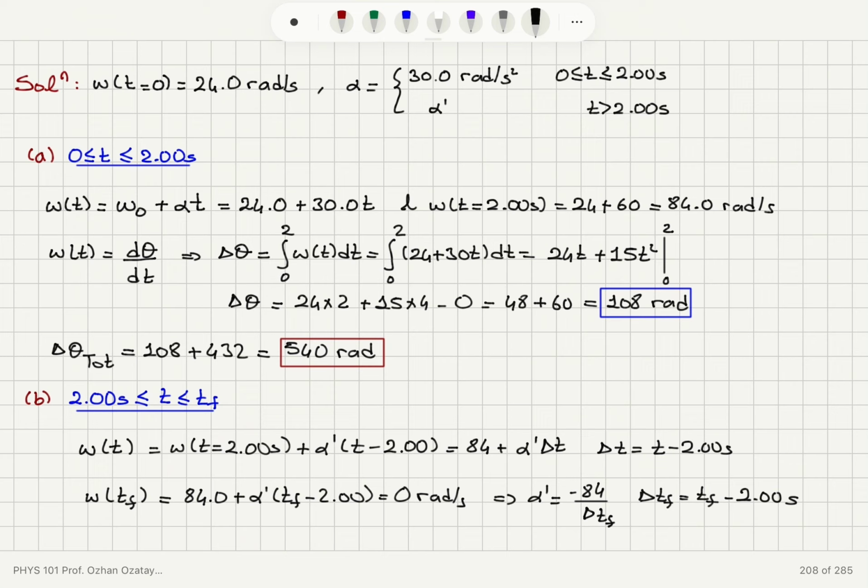All right. Now we can calculate the total angular displacement delta theta between time t equals 2 to t final.